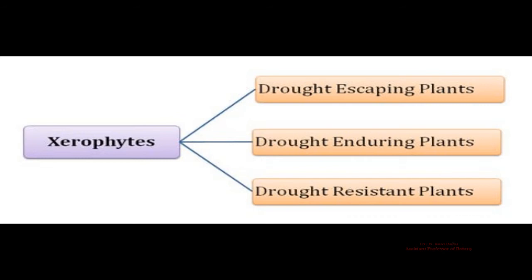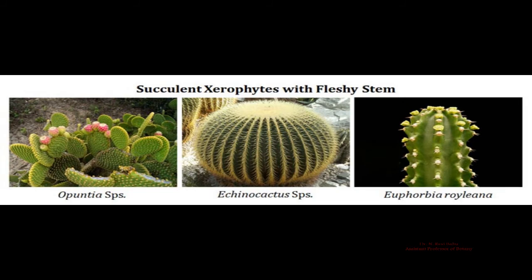They develop certain adaptive characters in order to resist extreme drought conditions. Right, friends? And plants like Opuntia, aloe vera, Bryophyllum, and Bignonia can be taken up as the best examples.